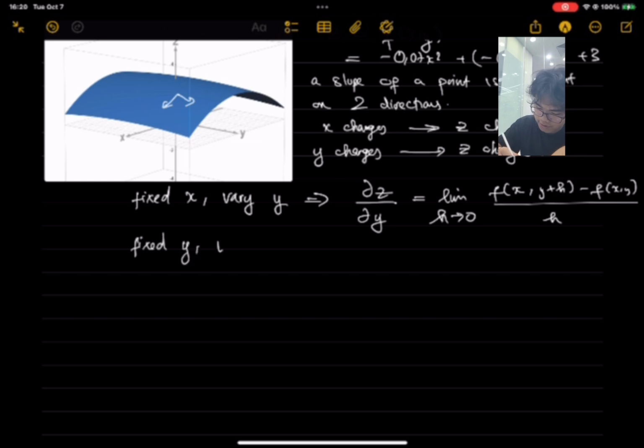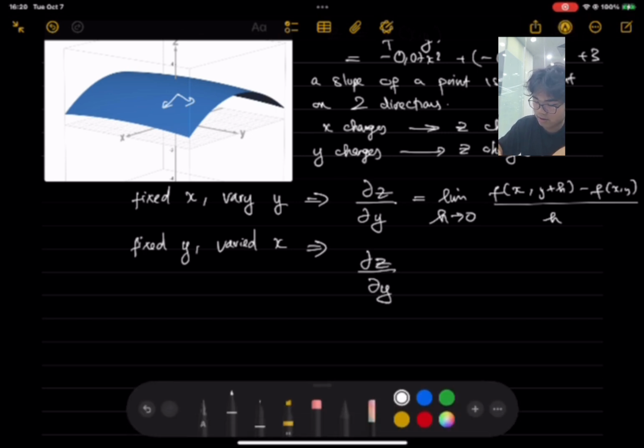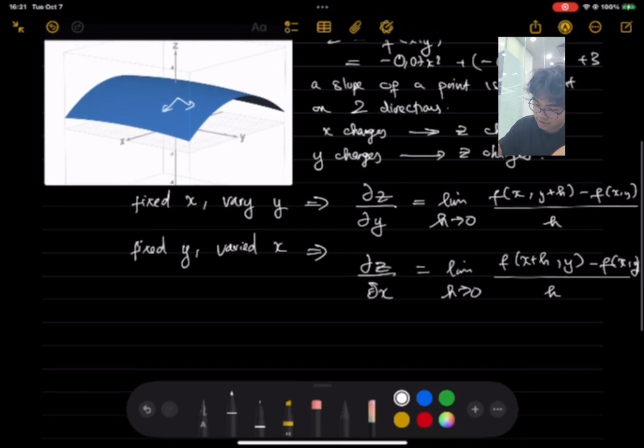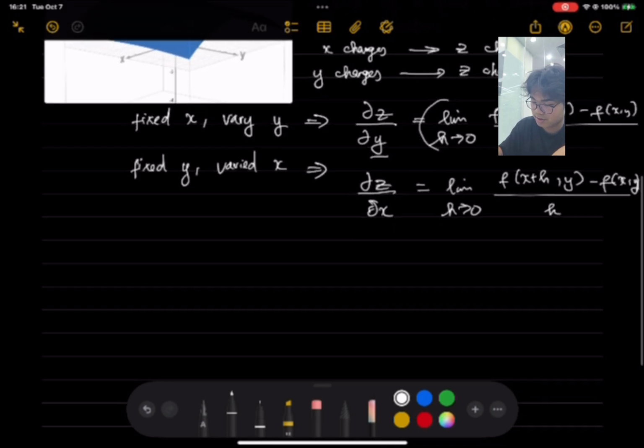And similarly, when we fix the variable y and vary x, we have the partial derivative of z over x, which is also the limit when h tends to 0, but this time we're moving x while keeping y fixed. That means that when x changes, z will change this much in the direction of x, and when y changes, z will change this much in the direction of y.